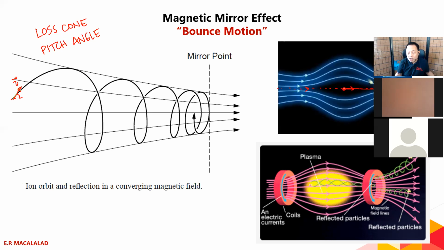Pero for example, dito naman yung direction, perpendicular, ang gagawin ng particle, it will just move in a circle. It will not move left and right. So depende yun dito sa angle na to, tinatawag ding pitch angle. But these are just special cases, yung makakawala yung particle.